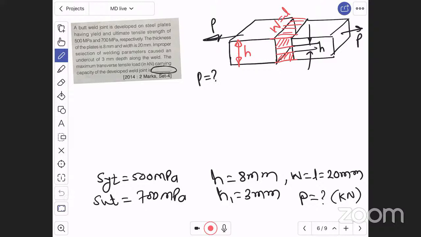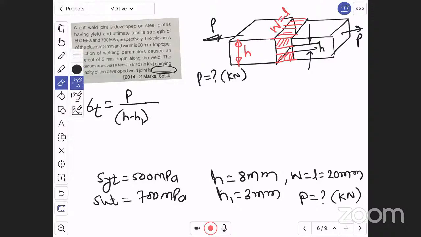And what is this load carrying capacity in kilonewton? This is the question. Therefore, we know that there will be tensile stress, which is nothing but load divided by area. Area is nothing but (H minus H1) into width of the plate. Width of plate is length of weld, and this equals SUT divided by factor of safety.